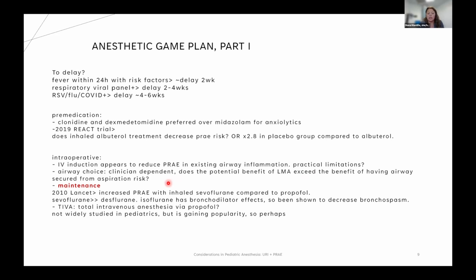Another study looked at the airway choice. This is pretty clinician dependent in terms of risk versus benefit. Do they want a supraglottic airway device, also known as an LMA, which sits above the larynx, and does that have a better airway to secretion ratio because it sits higher?